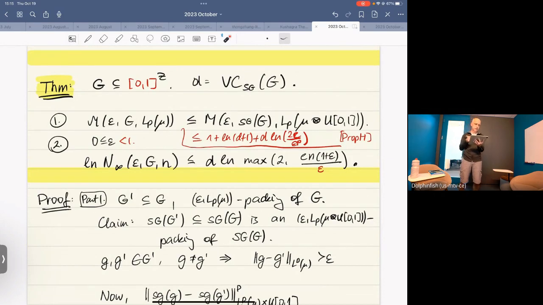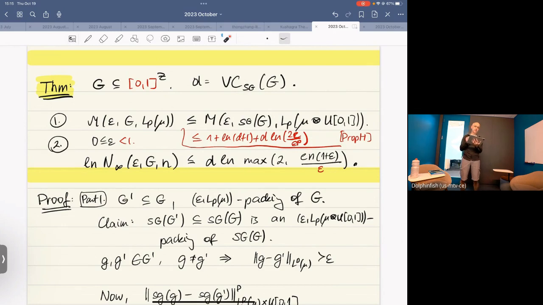All right, so the next part of the toolkit is finally getting to covering numbers. Well, actually first packing numbers. So you can take the packing number of, okay, now the class has to be bounded functions, and you take the packing number with respect to the LP metric.